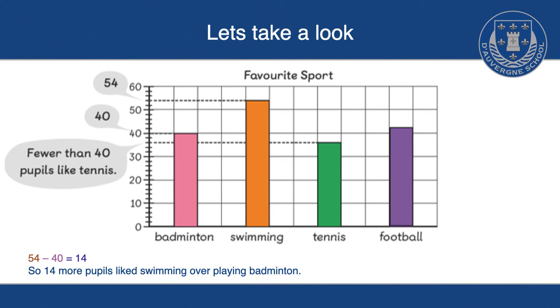So 14 more pupils liked swimming over playing badminton. Therefore for that part of her statement, she was correct. Moving on to her final statement, she said that fewer than 40 pupils like tennis. If we look at the tennis bar, is it fewer than 40? Yes, it is. So all of Amira's comments and statements were correct.